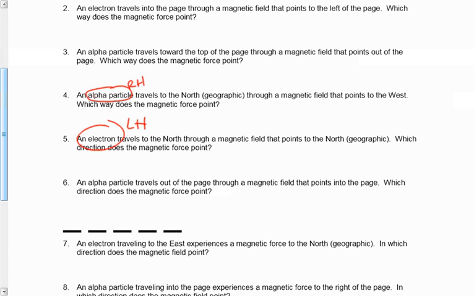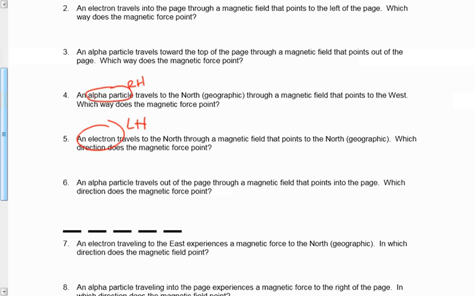Particle's traveling this way, magnetic field is this way. What's the force? What's the force on a particle when it's traveling parallel to the field? 0. So what's the direction of this force? It's 0. I don't know what the mathematical term for that would be, but undefined maybe? The bottom line is there is no force, so you can't really define a direction when there is no force.